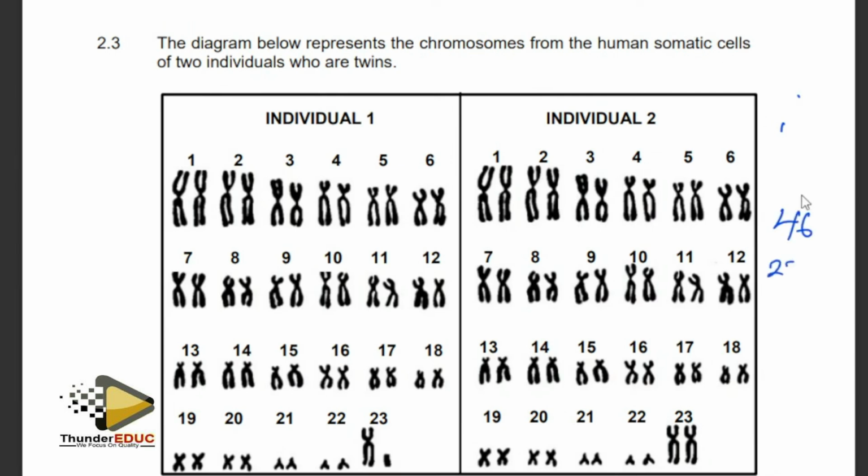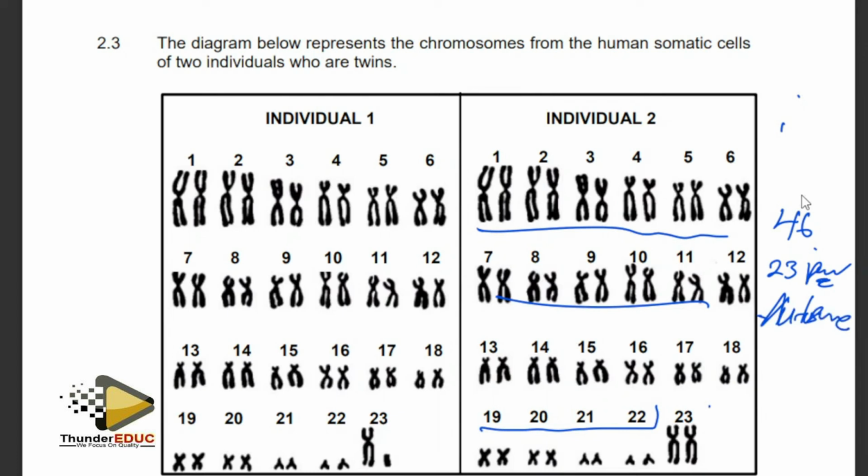46 or 23 pairs. Don't say 23, because if you just say 23 without writing the word pair it is wrong. It is made up of 23 pairs of chromosomes. From pair number 1 to pair number 22 are called autosomes. You see, now you are describing a karyotype. The 23rd pair is the gonosome or sex chromosome.